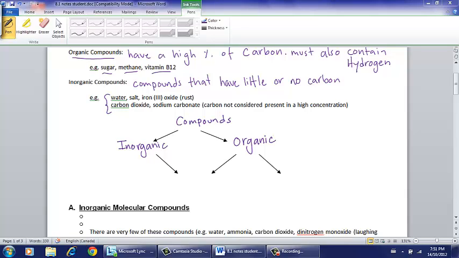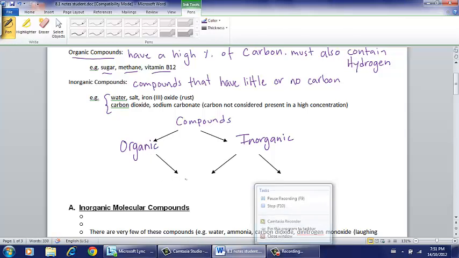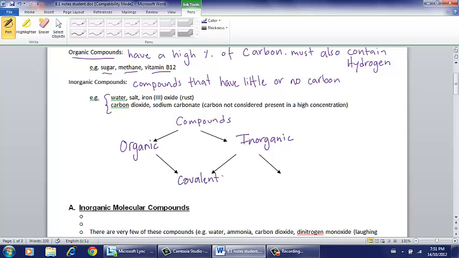Or you know what, actually I'm going to do this the other way around, so just erase this. I'm going to put organic over here, so I'm looking at the way the arrows go beneath. So organic, inorganic. Because all organic compounds are covalent, whereas inorganic compounds can be either covalent or ionic.